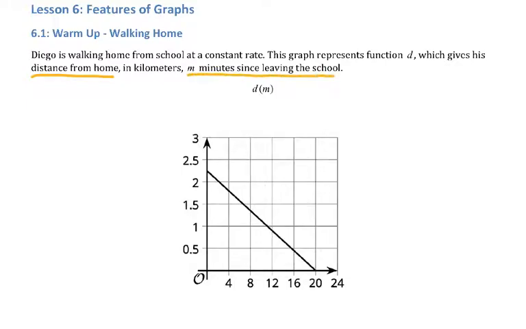So you'll notice that I've given you the function name, again, is d of m. And remember, please, that m is the input. And the input in this case is minutes since leaving school. So let's just take a look here. So we've got this graph.